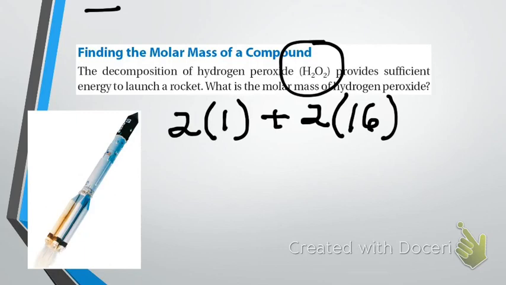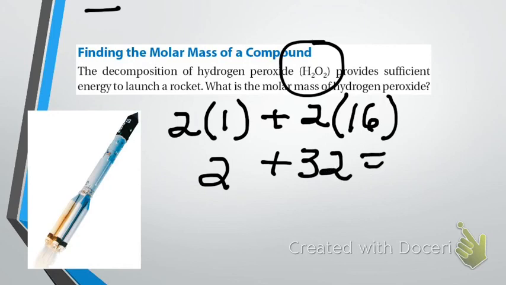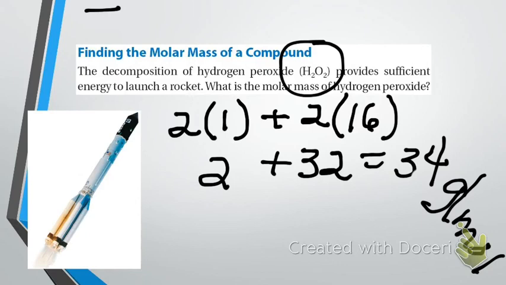From the periodic table, we know its AMU is 16, so 2 times 1 is 2, plus 2 times 16 is 32, add those together. 34 grams per mole. See you tomorrow for practice in class.